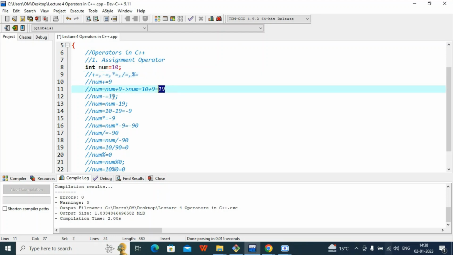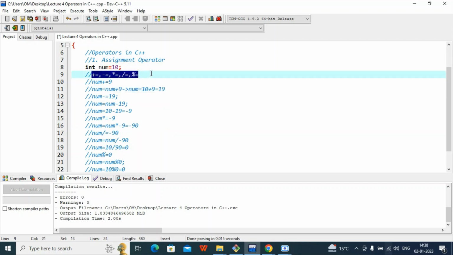Then I took num minus equals to 19, and from that I got the value minus 9. Then I took that value in the next operator. You can take separate values. The main thing is about performing calculations. To maintain the flow, I took the previous value. You can perform these with any numbers. I hope you got some clarity about this.